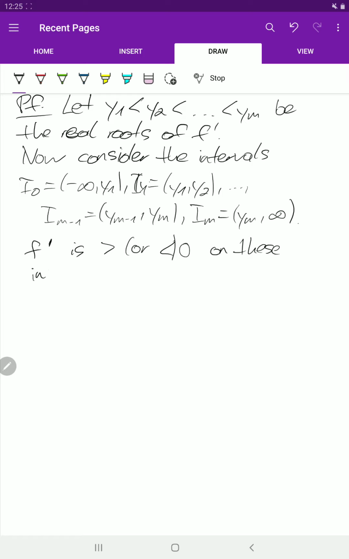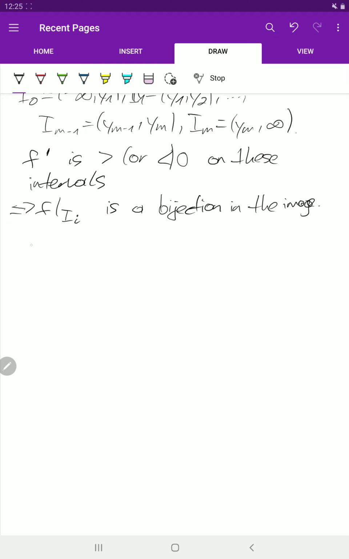So on these intervals we have bijections on the image. So if we restrict f to these intervals I, then we get that this is a bijection on the image, so it's just surjective. And so what does this mean?